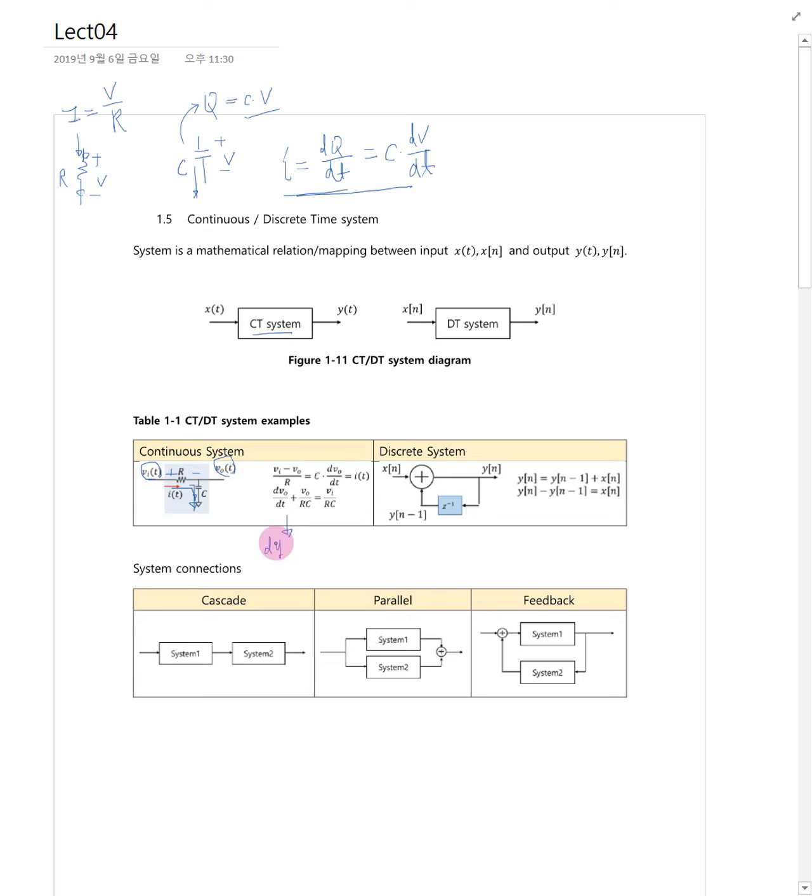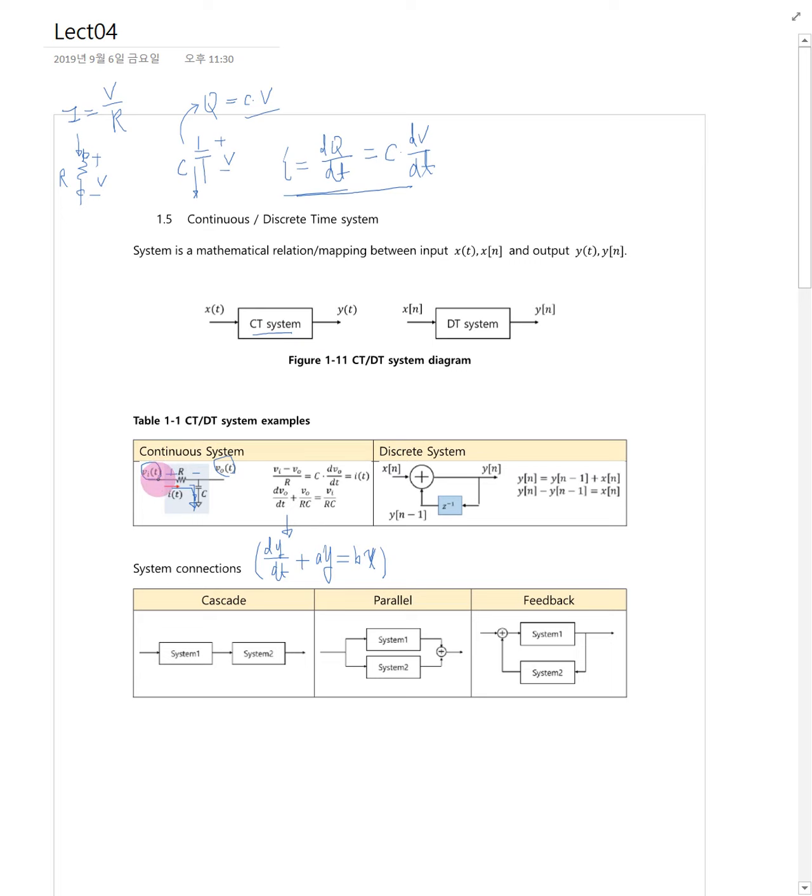dy/dt plus a times y equals b times x. In these equations, y corresponds to Vo and x corresponds to Vi. So a system can be described by differential equations.